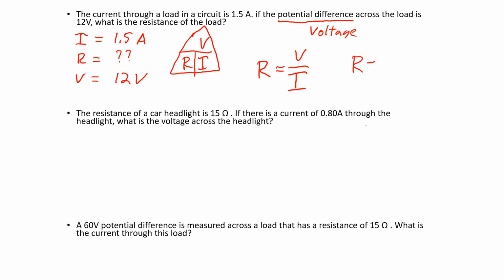Resistance equals voltage, 12 volts, over current, 1.5 amps. You can use a calculator for this, but I would rather you not use your phones. Resistance is going to equal 8. Now, what's the unit of resistance? We have to write the unit. It's going to be 8 ohms. And I like to put a box around my answer.